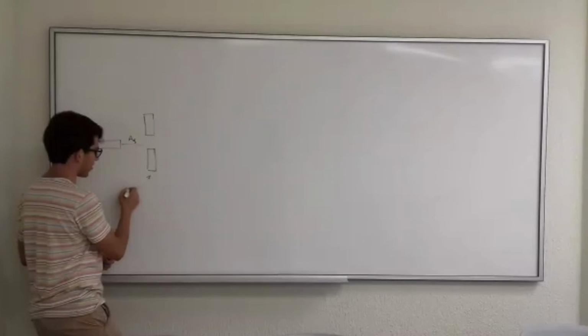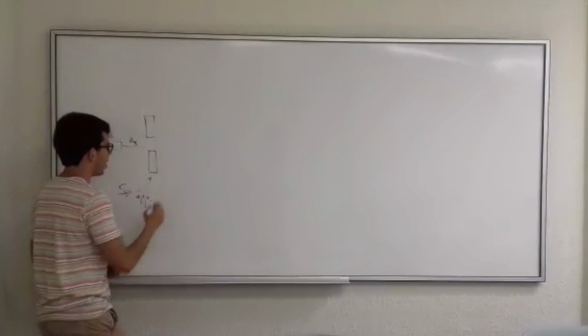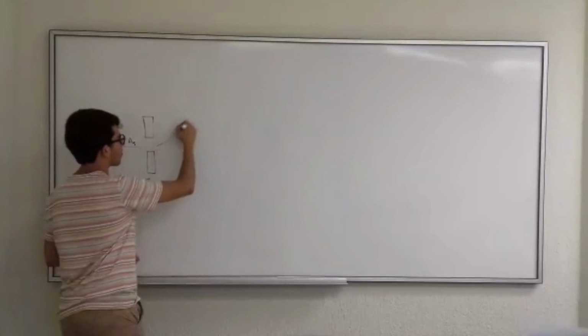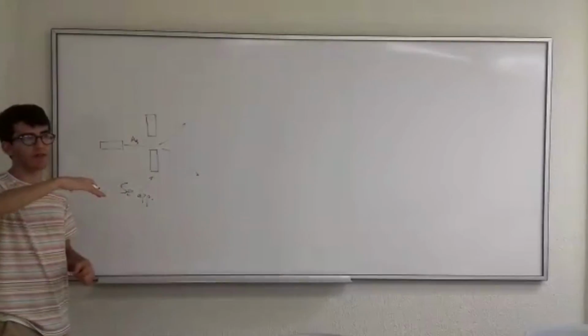So we will say that this is a SC apparatus. Naturally, this will produce two beams, one for spin up and one for spin down.